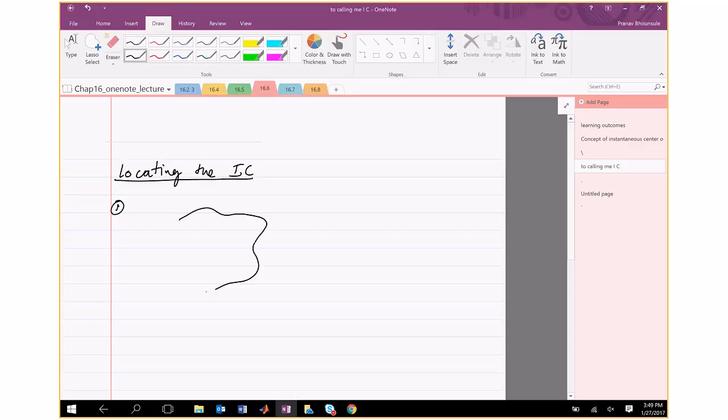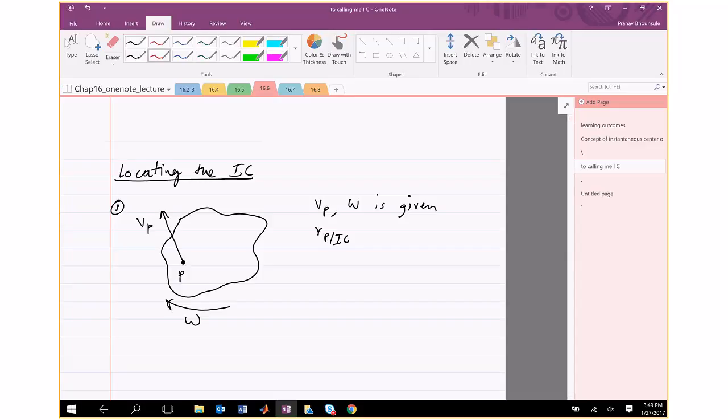So this is the body, and let's say that you know the velocity of a point and you know the direction of the velocity. You also know the angular speed. So Vp and omega are given. You're told to find Rp with respect to IC, which is the position of the instantaneous center of zero velocity with respect to P.